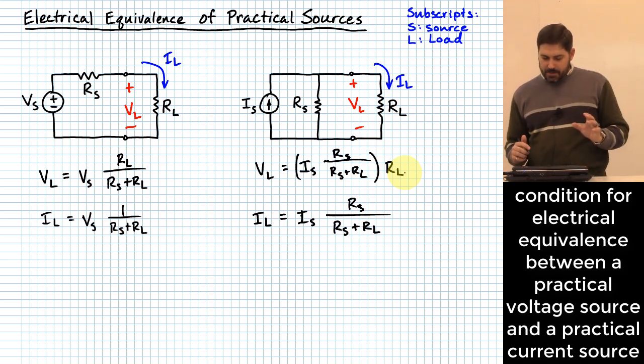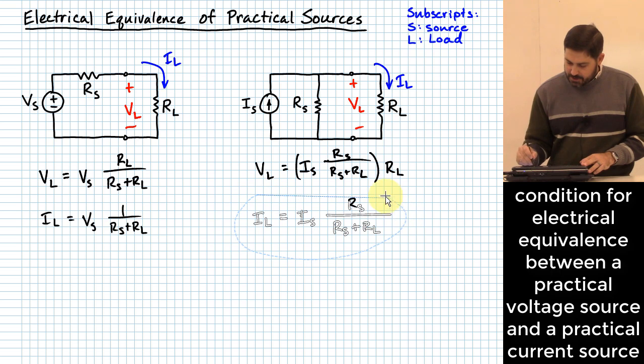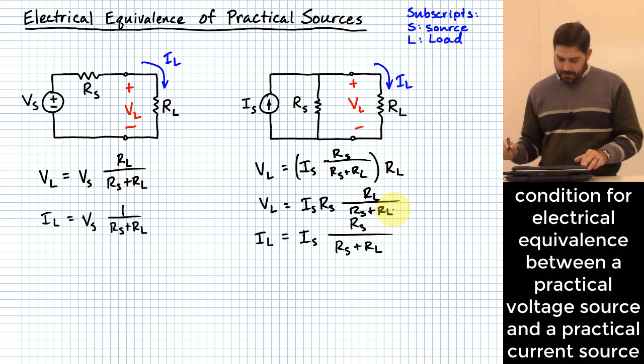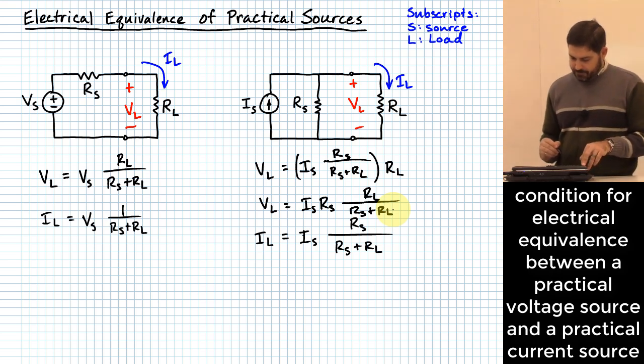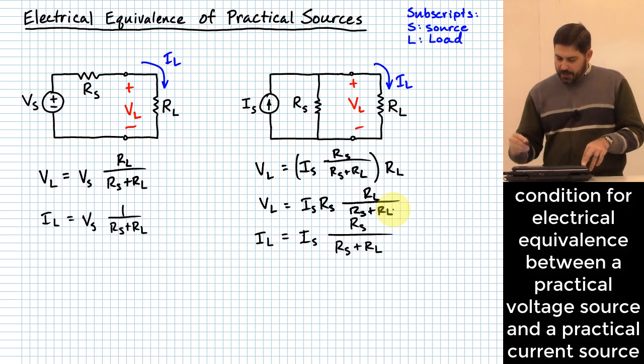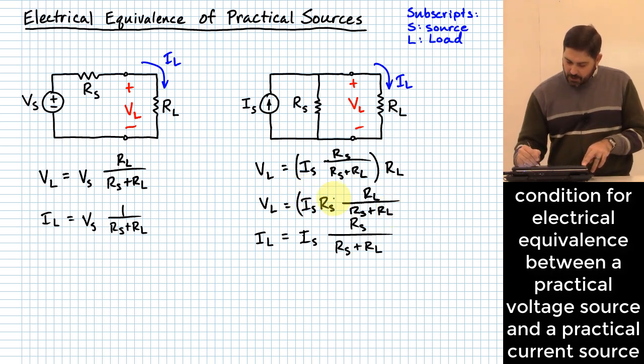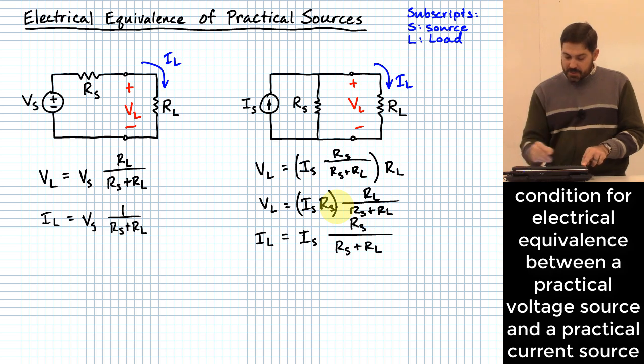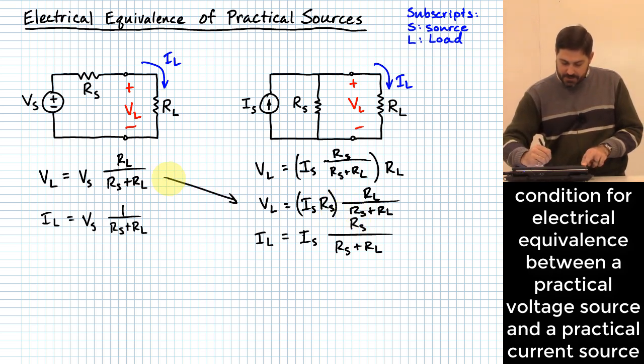Now, what happens if I take that VL equation and it's the same equation, but I rearrange it just a little bit and say VL is just equal to IS RS times RL over RS plus RL. What I want to show you there is this ISRS. If I think of that as being VS, then essentially VS could substitute in there and these two equations would look the same.